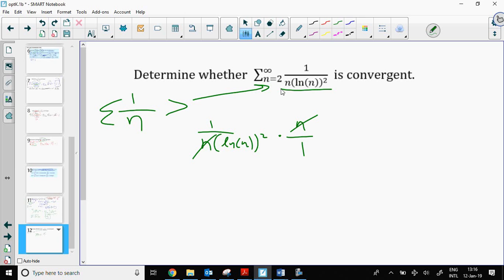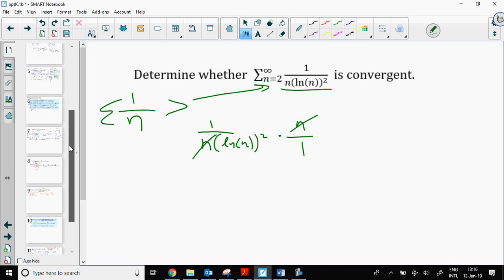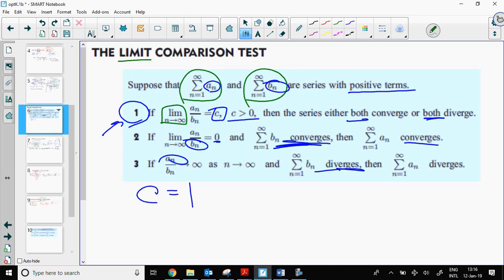And if we were to rewind really quickly to the limit comparison test, if the limit is equal to 0, if our made-up function converges, then the original one converges.